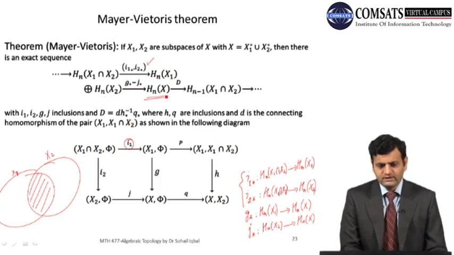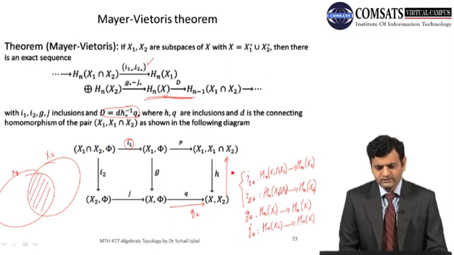Okay, and then from Hn X to Hn minus 1 of X1 intersection X2, we have this connecting homomorphism. So what is this connecting homomorphism? This is equal to q star, h star inverse, and d. Okay, so if we have this q, then we will have this q star, and we have this h, so we will have h star and then h star inverse, and then we apply d.